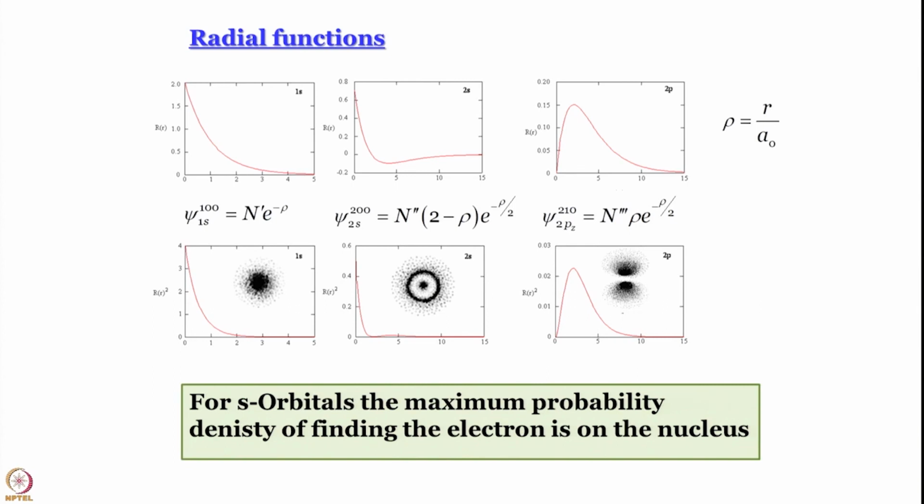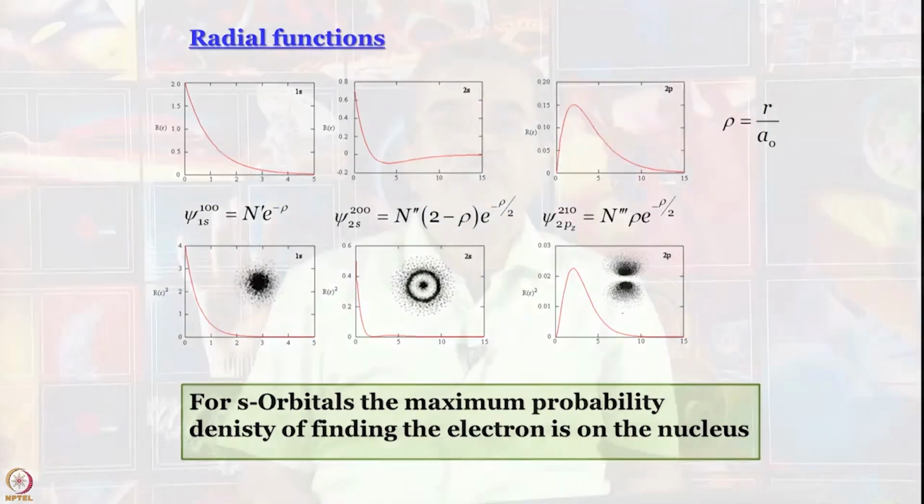So, let us not confuse the extensive quantity, probability, with the intrinsic quantity, probability density. For s orbitals, it is true that the maximum probability density of finding the electron is at the nucleus, but the volume is 0, as we are going to see in the shortish next module that we are going to have.